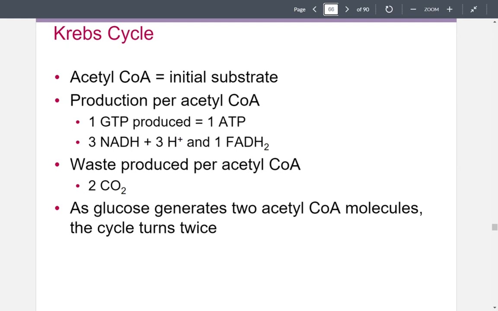Remember, each glucose created 2 acetyl-CoAs, so this is times 2. So, end of the cycle, with the presence of oxygen, 1 glucose creates 38 ATP. We have now, so far, created 4 ATP, 2 in our glycolysis stage and 2 in our Krebs cycle, 1 per acetyl-CoA.